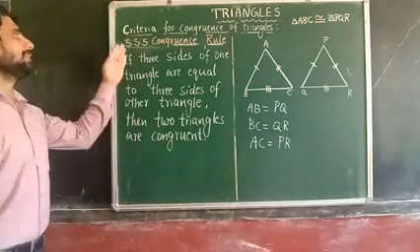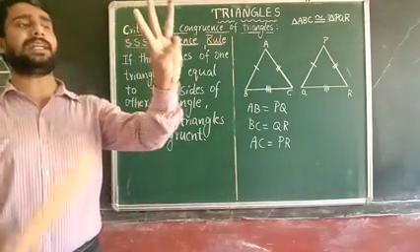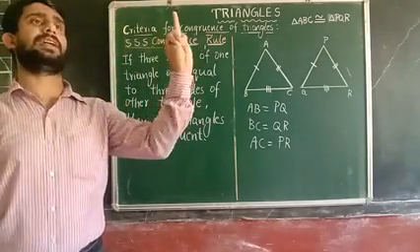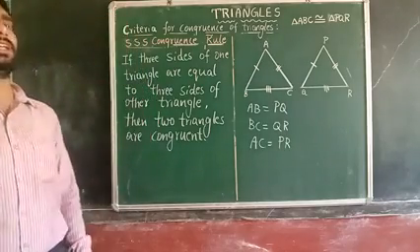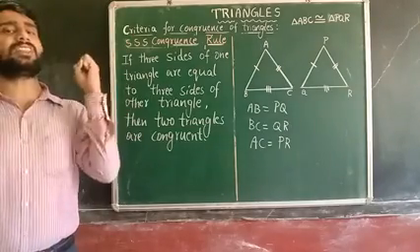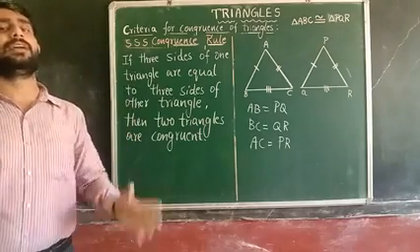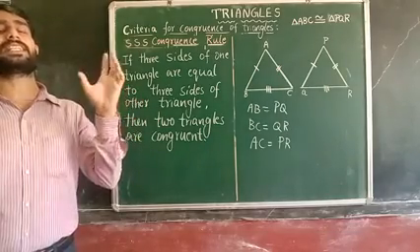This is the SSS criteria. Till now we have learned three criteria: SAS, ASA, and SSS. In all these three criteria, observe that they use three measures to say the triangles are congruent. Let's see one more criteria, that is the RHS criteria.